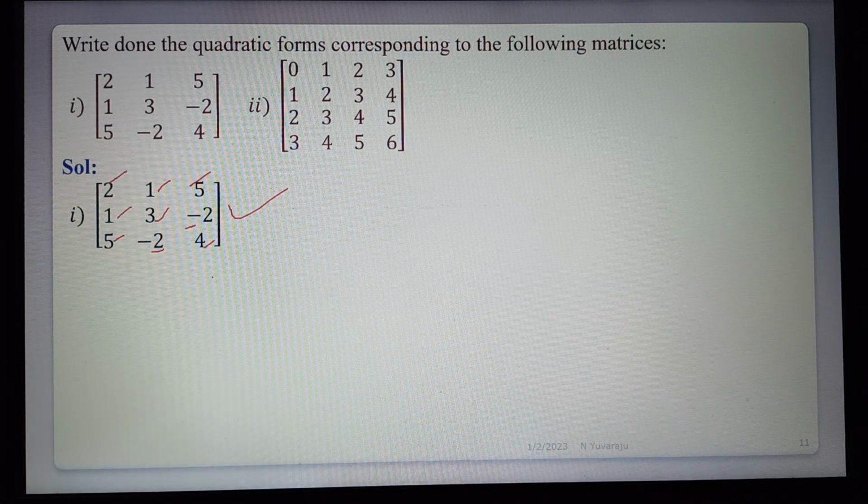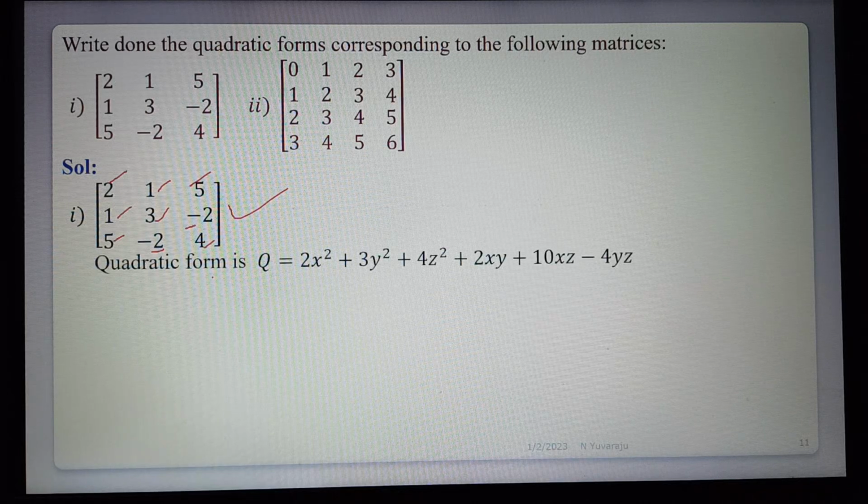Write directly: the quadratic form is Q equals 2x square plus 3y square plus 4z square plus 2xy plus 10xz minus 4yz. This is a quadratic polynomial, a second degree homogeneous polynomial, called the quadratic form of the given coefficient matrix.